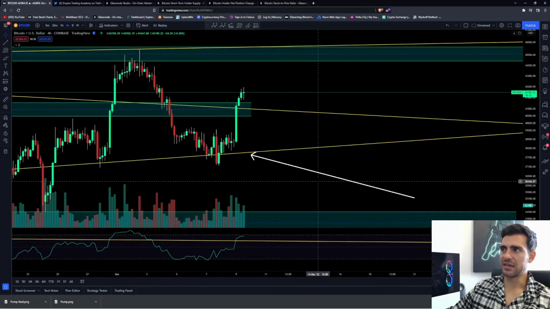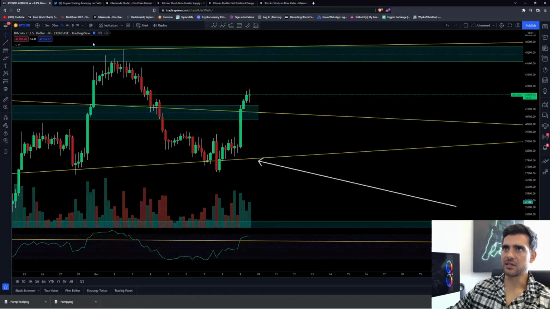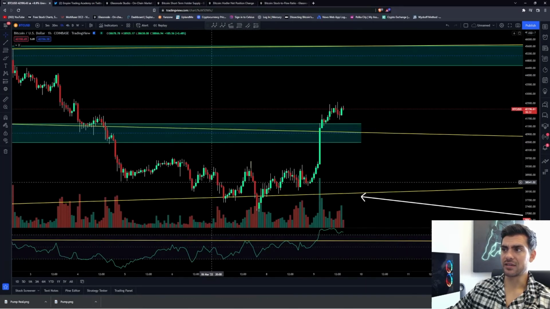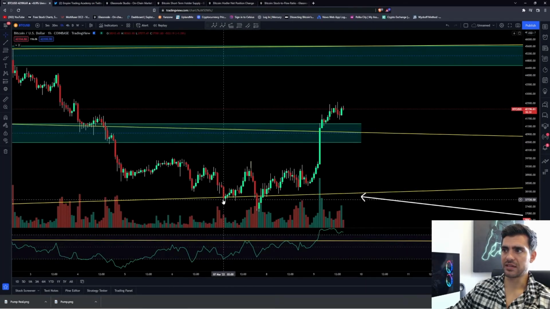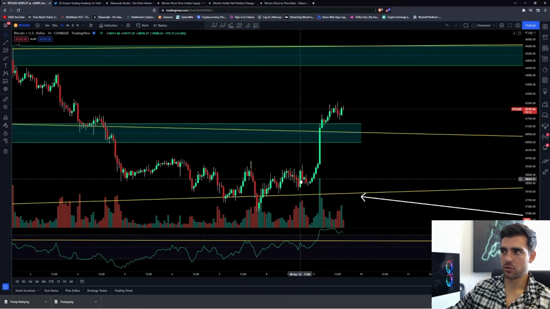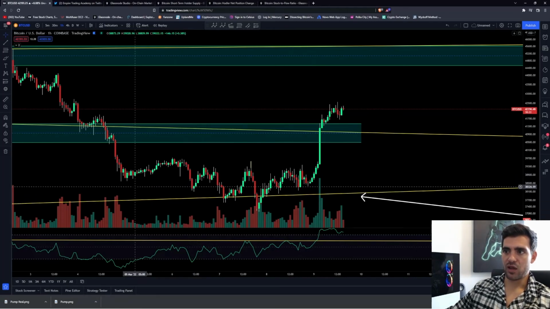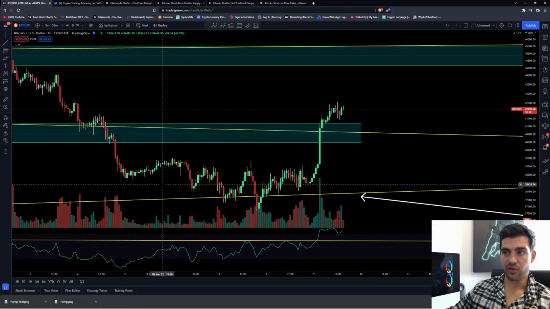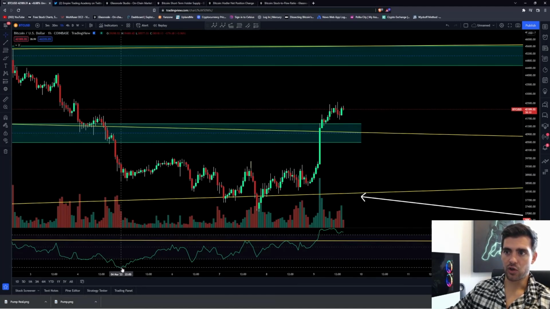Okay, so we're starting to get these on the hourly. We're getting some sort of accumulation where we get these lower lows, right? We get this squeeze below support, and then we start to put in these higher lows. Now, if you look, remember the divergences, what we were talking about is using the RSI with divergences, the only indicator that we use to trade. We have a low here. We put in the low here.